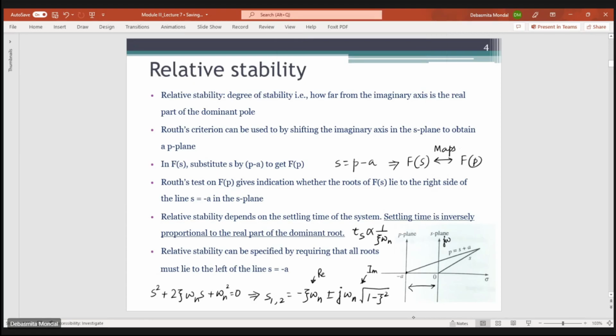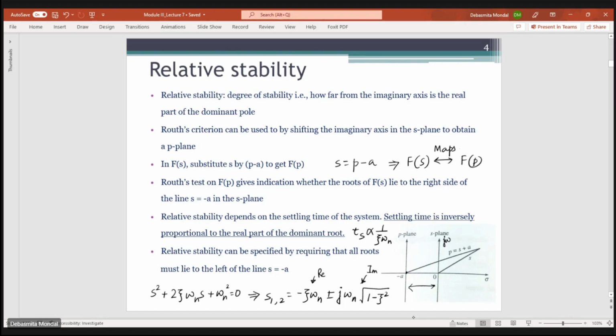Okay, so by using Routh array, we can get information about the relative stability of the system. But the problem here is that this is a trial and error method. Let's say we want to find out whether the roots for the relative stability can be specific.